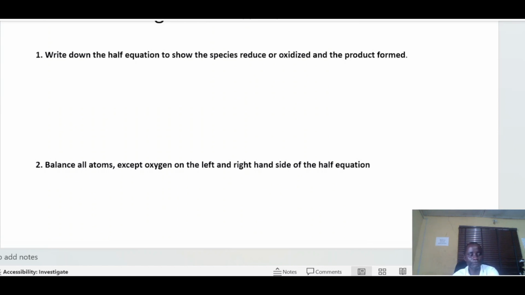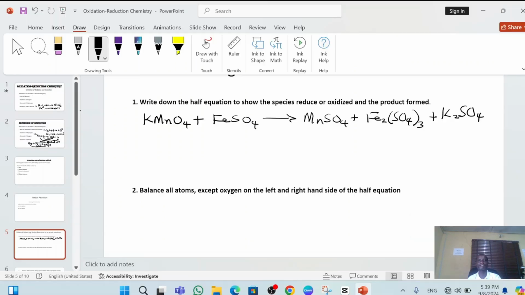The first principle is to write down the half equation to show the species that reduce or the species that oxidize. Now, let's look at the equation. Let's write out the equation in ionic form.